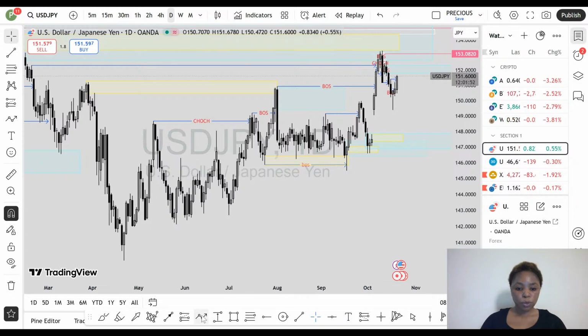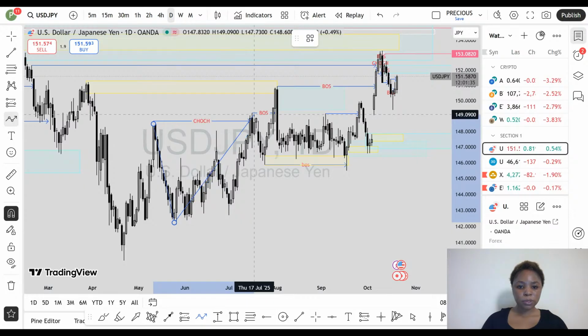So you can see the market came downward here. If I'm marking, this is a leg of price, right? So the market moved all the way down here and moved all the way to this level here.